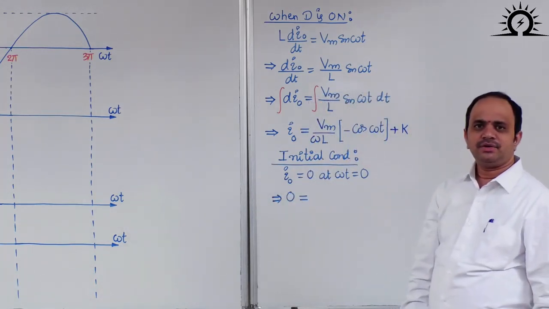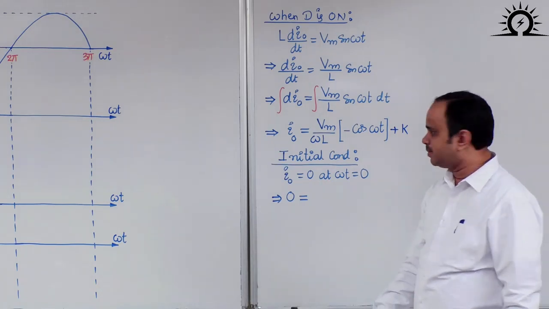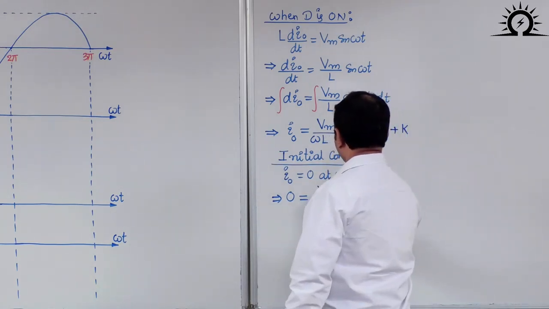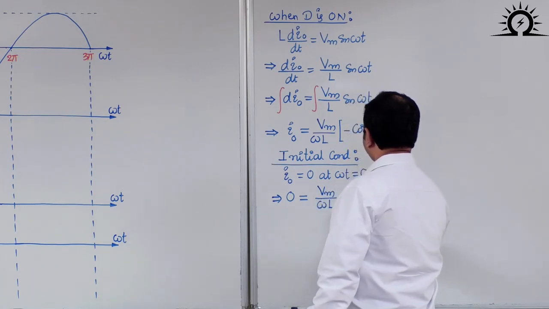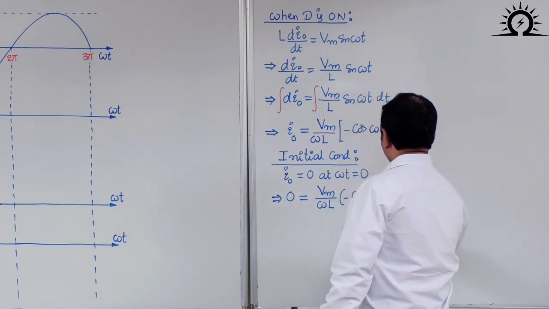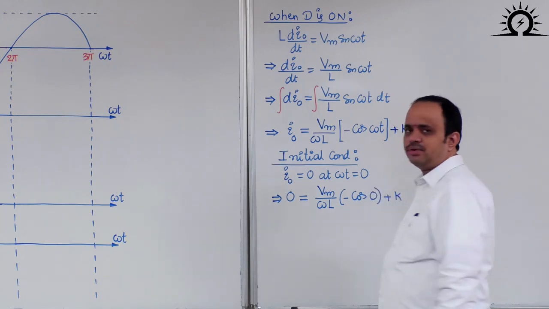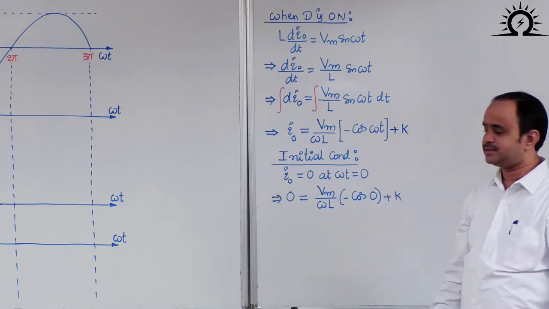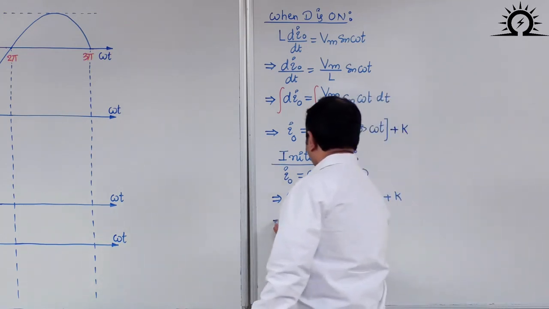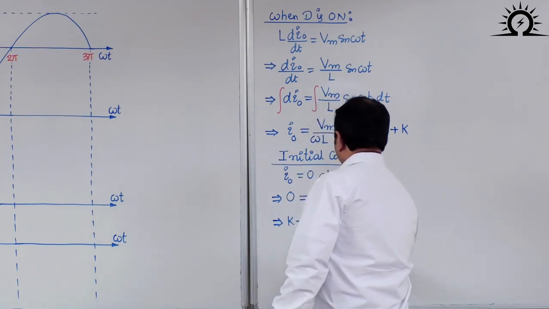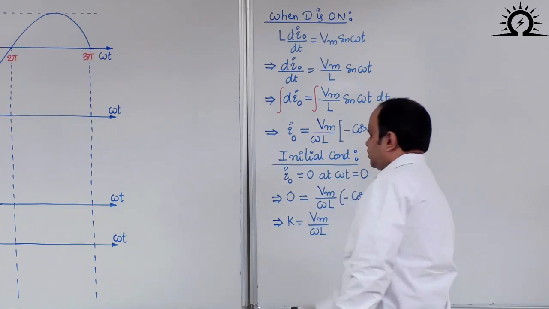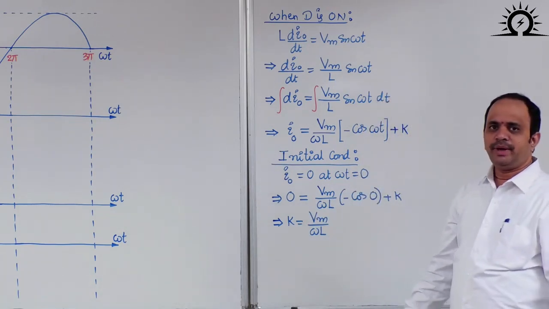Left hand side we can take it as 0, right hand side Vm by omega L multiplied with minus cos 0 plus k, right? Therefore, from this we will get k value is equal to Vm by omega L.